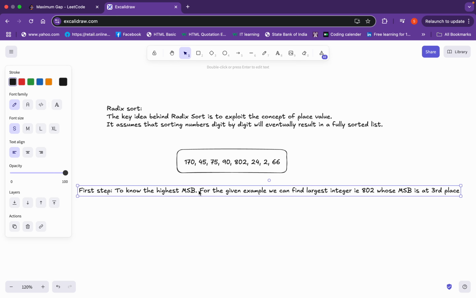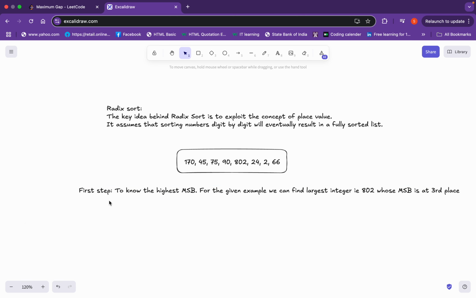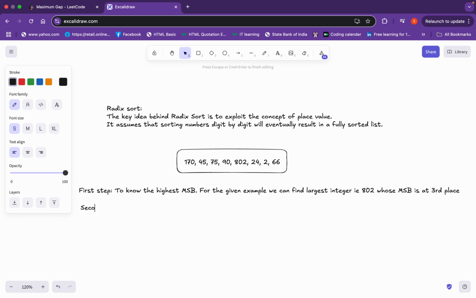Okay, now going to the second step. What is the second step? We know what is the lowest LSB and till which most significant bit we need to sort.